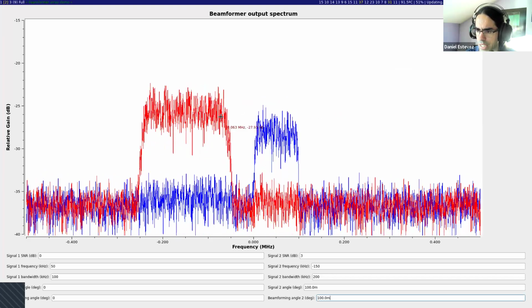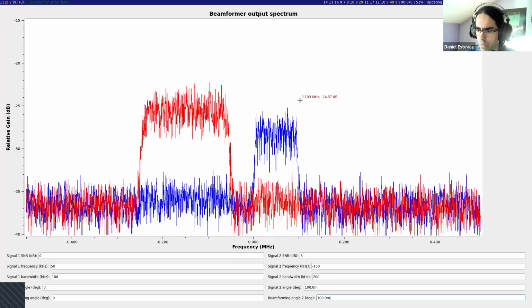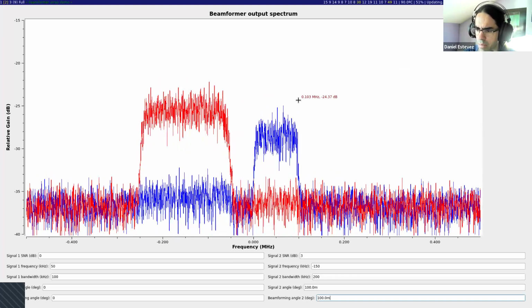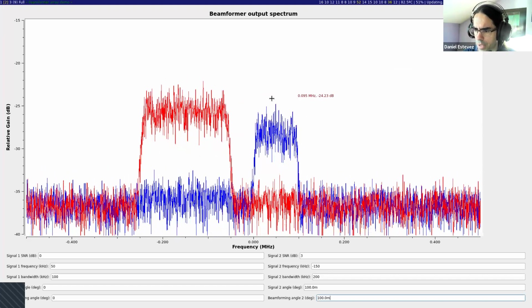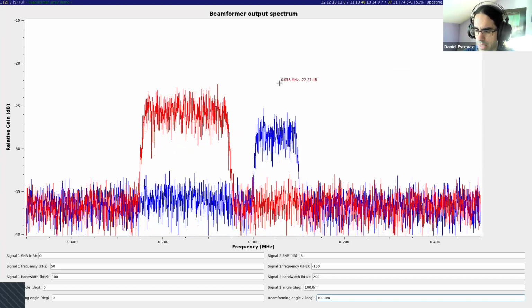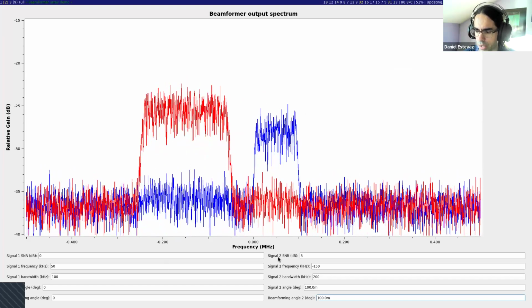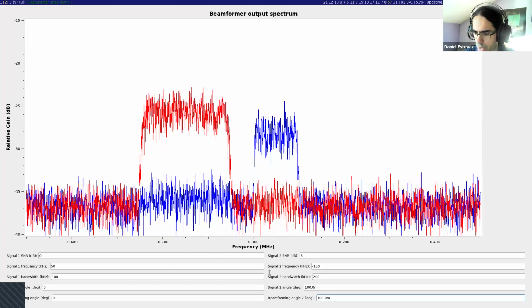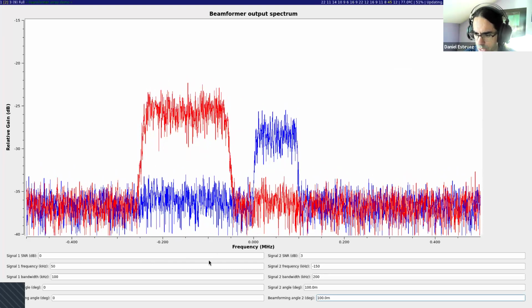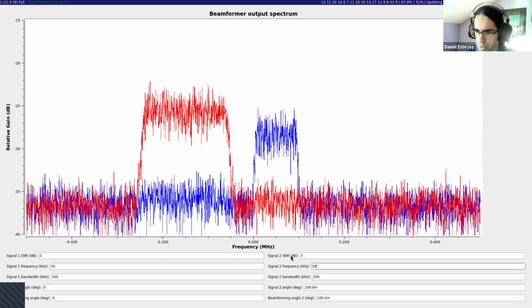In this case, I have signals which do not overlap in frequency, so thinking about separating them is somewhat unnecessary because we can already separate them by frequency. But you can also think about what happens if they overlap in frequency. So for example, I might move this one to 50.